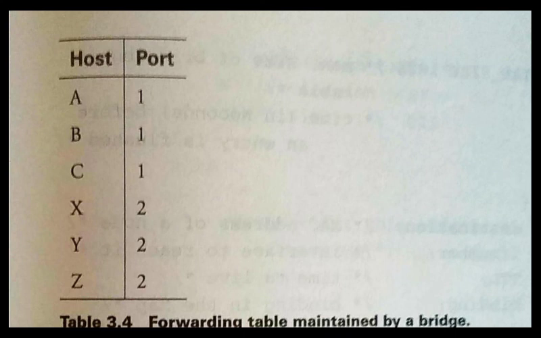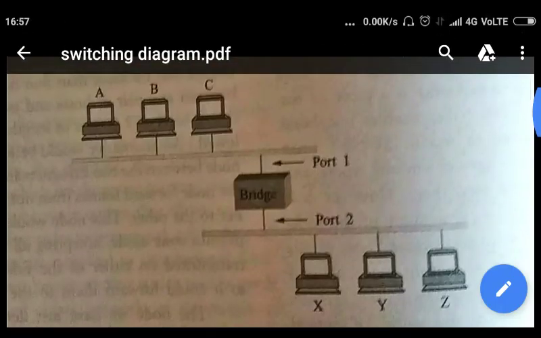each other's broadcasted messages. Say, for example, host A is going to send information to host X. It has been received on port number 1, and the bridge sees that the destination X is present on another Ethernet, so it has to be forwarded on port number 2. So the bridge is going to forward it on port number 2. All the nodes which are present on this particular segment receive it as a broadcast.